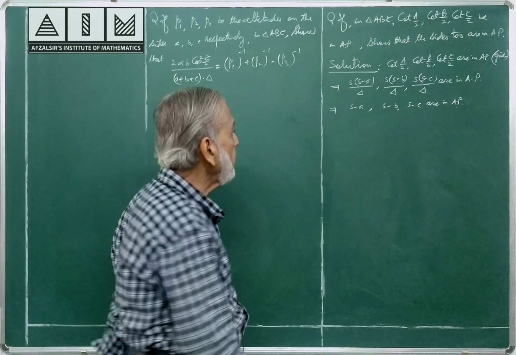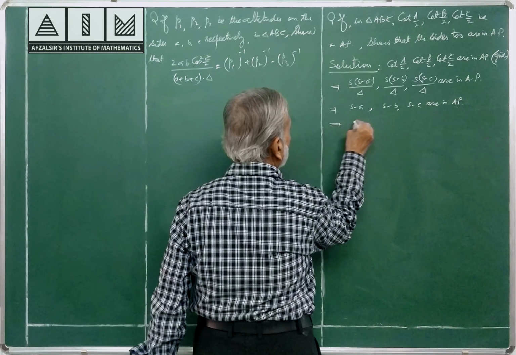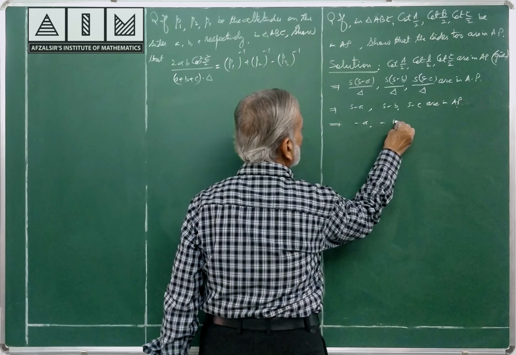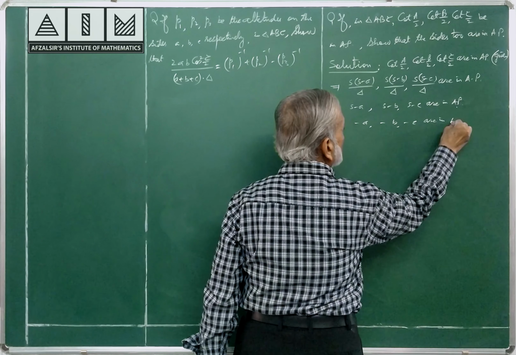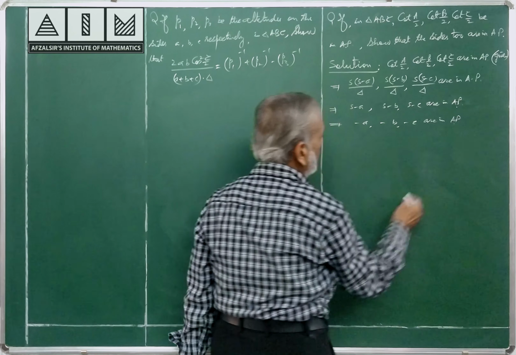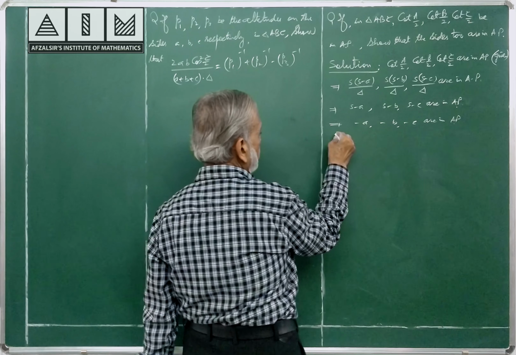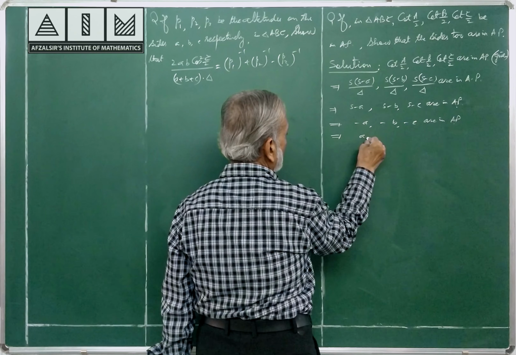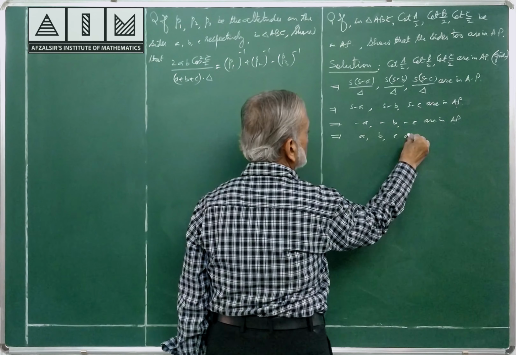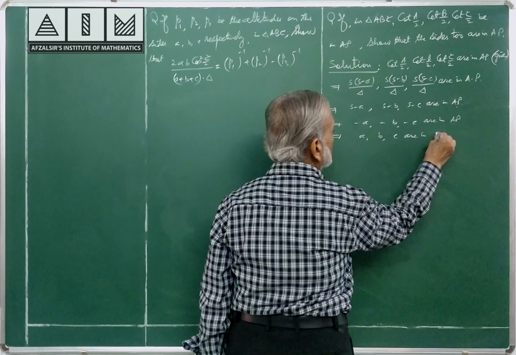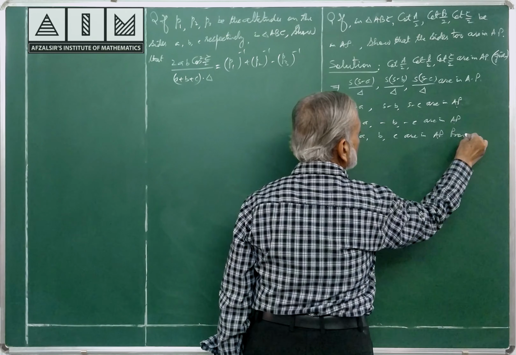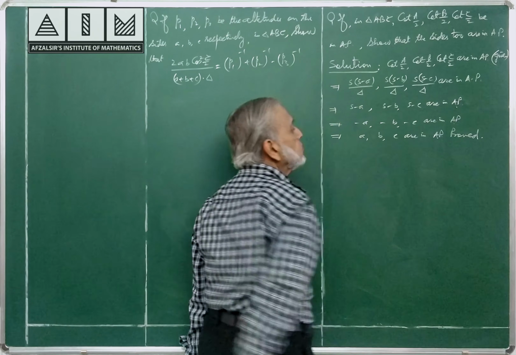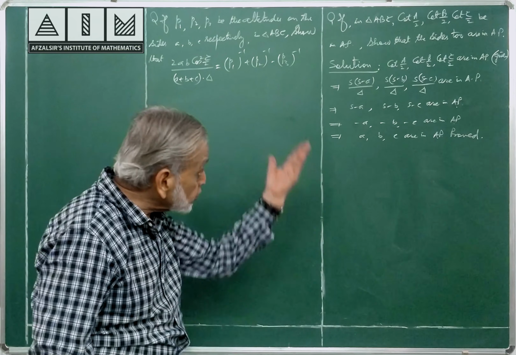Remove S from all. Are in AP. Multiply all by minus 1. The question is over, solution is over.